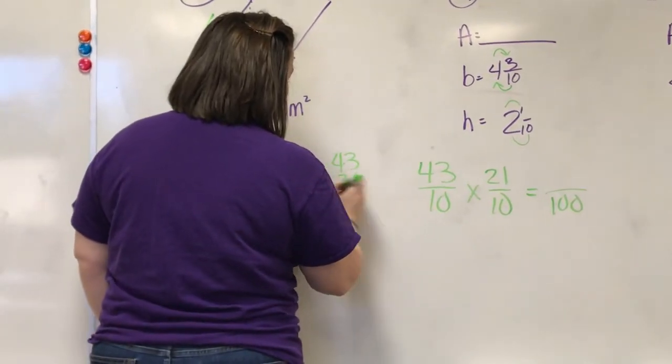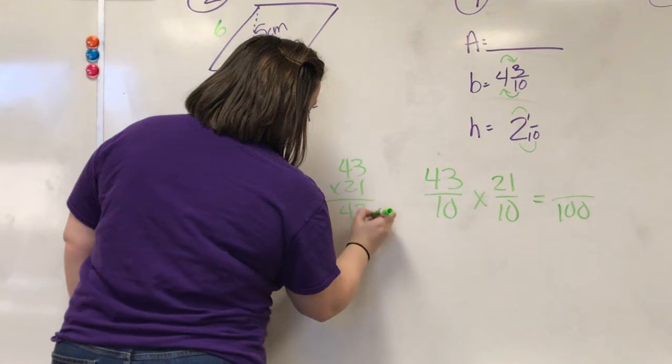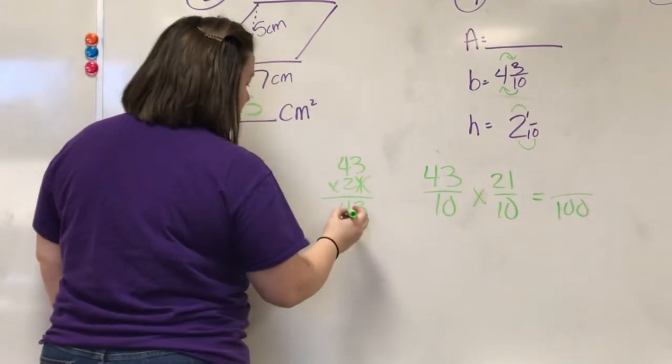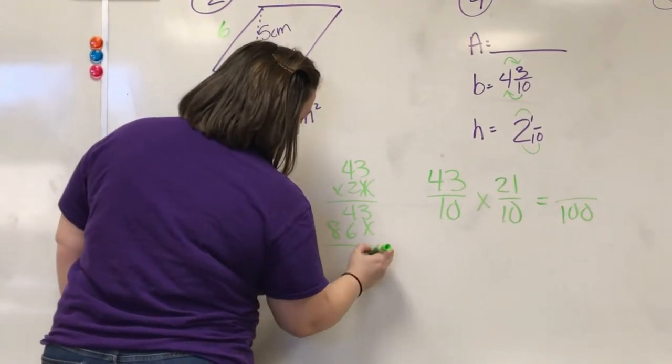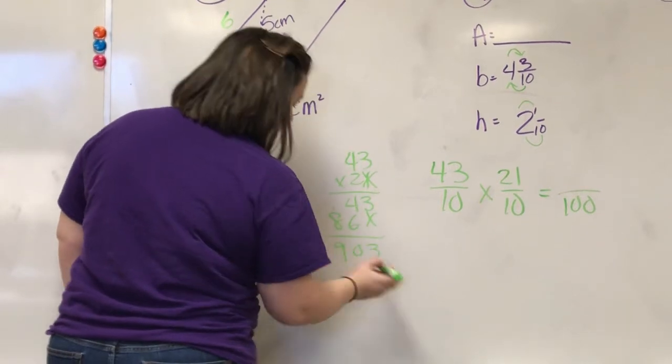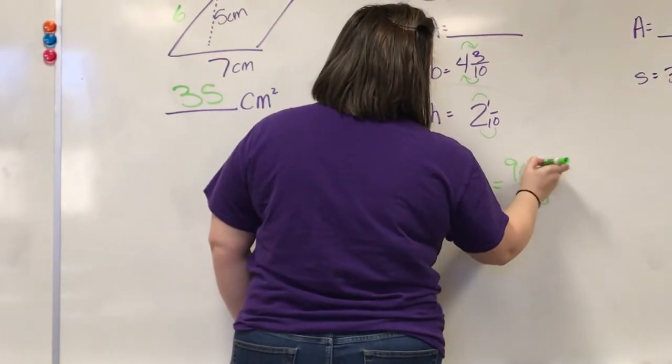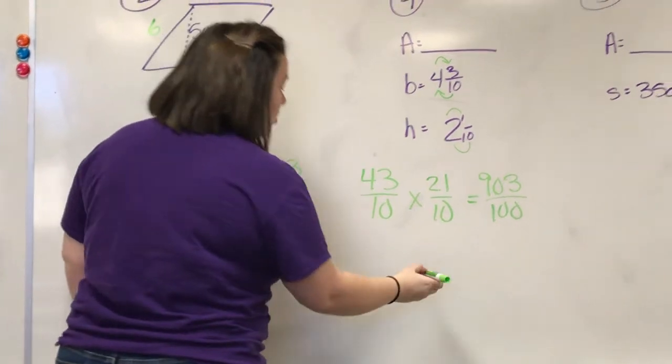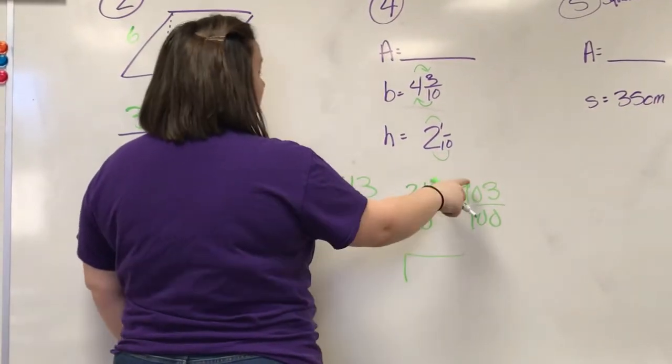43 times 21. 43. I'm done with the 1. Put an X. 6, 8, 3, 0, 1, 9. 903 over 100. The bigger number is on top.